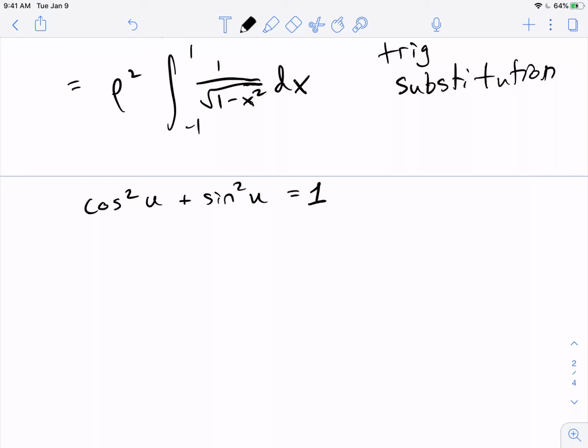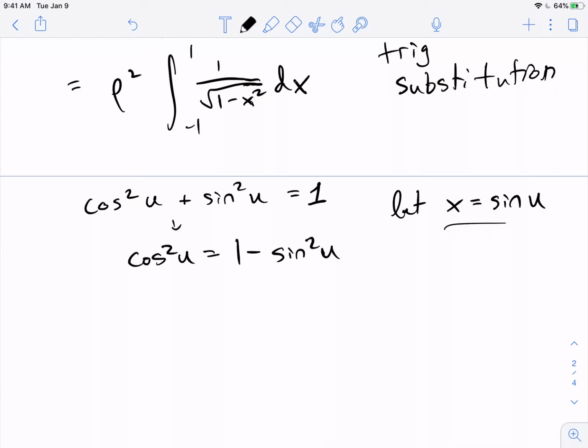So in particular, let's let x equal sine of u. And this equation is telling me that cosine squared u is equal to 1 minus sine squared u.